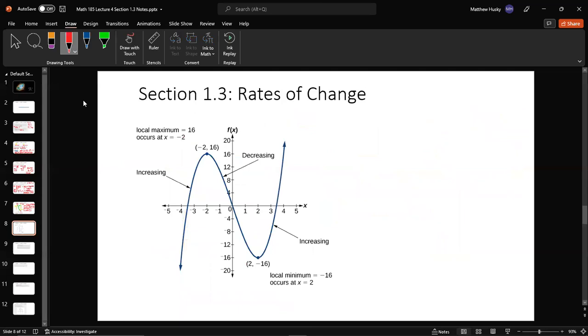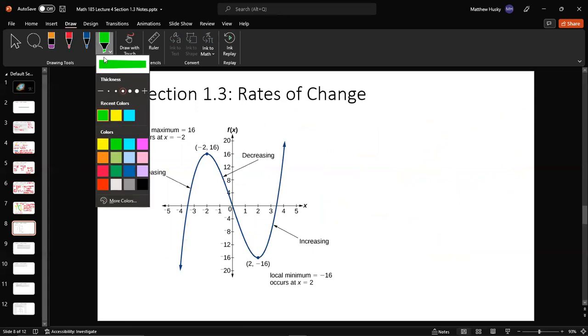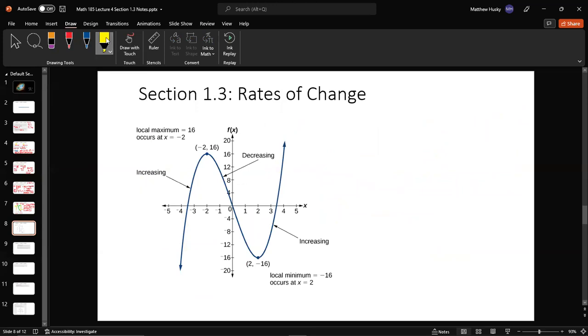And then here, they're also talking about, I kind of mentioned this on the last slide a little bit, the local maximum is 16 and it occurs at -2. So this point right here, that is the local maximum.